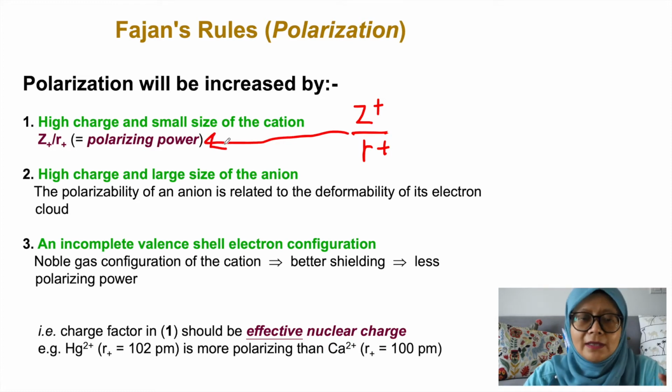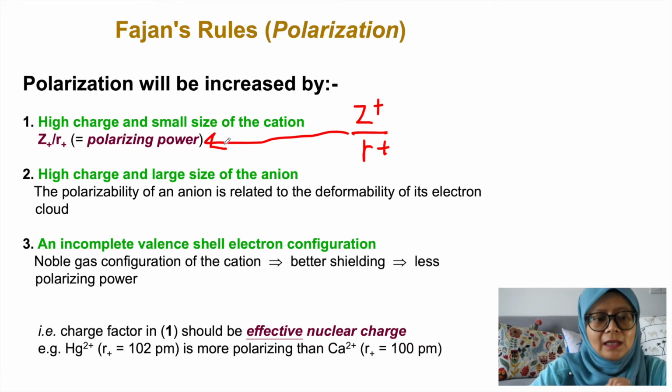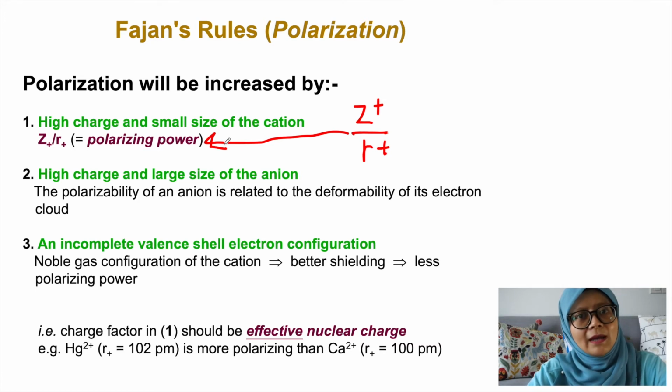The second factor, other than the cation, is the anion. We need to have a high charge and large size of the anion. If you have a high charge on the cation, you will have a small size of cation, and if you have a higher charge on the anion, you will have a large size of anion.